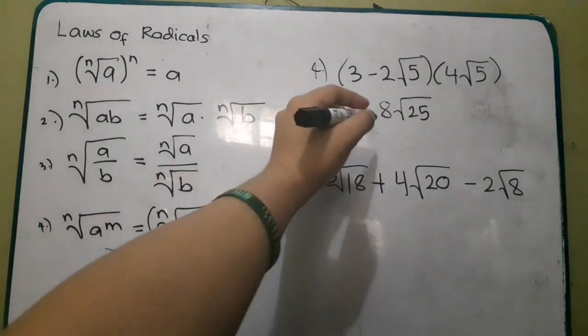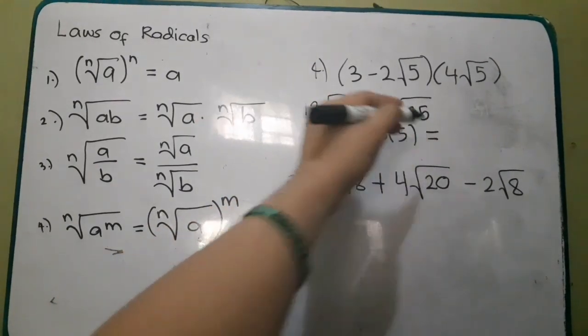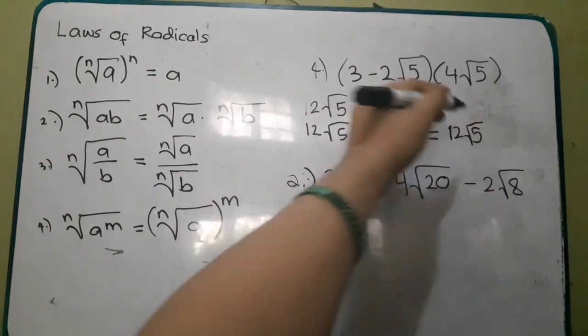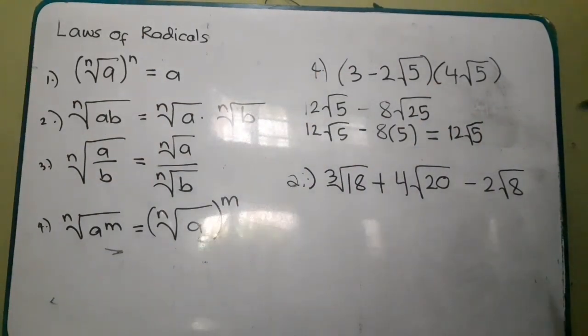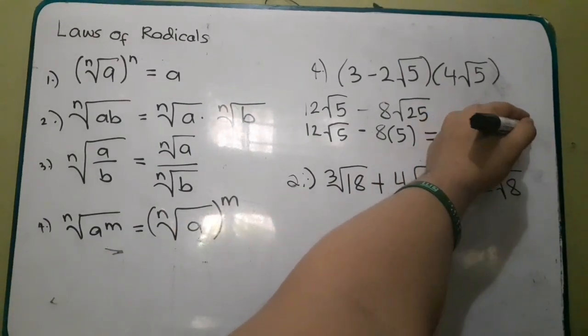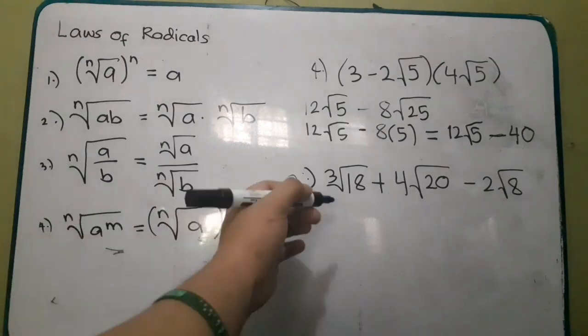Square root of 25 is actually 5. So that would be 12 square root of 5, okay, minus 40. And then number 2, letter B, from the day 1 quiz.